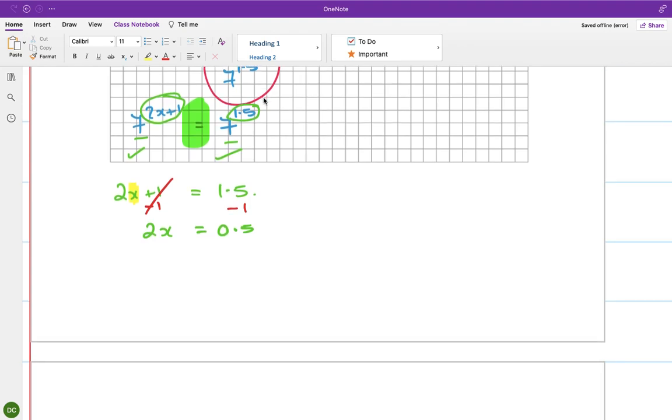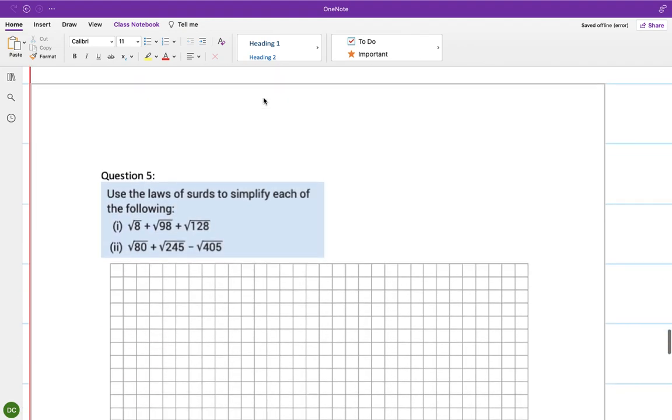And then to separate the 2 from the x, we divide by 2. And a half divided by 2 is a quarter. Okay, and that is question 4, and there's 10 marks for that as well.